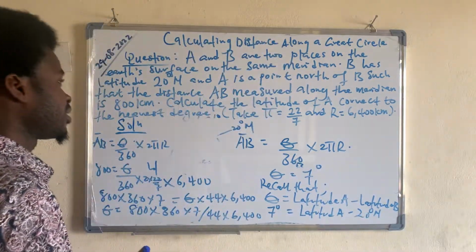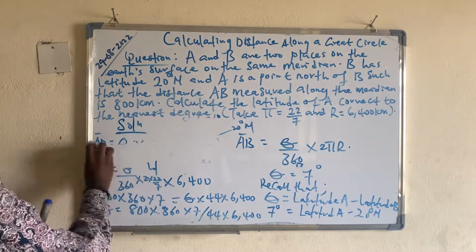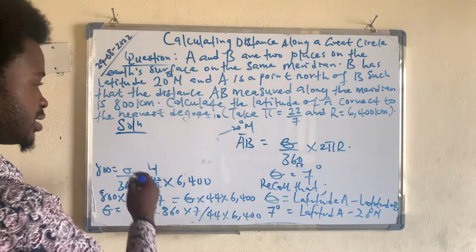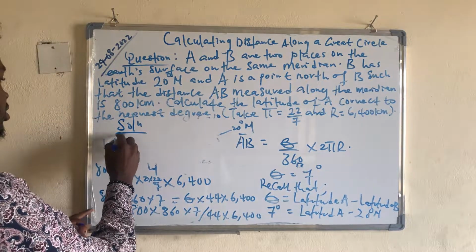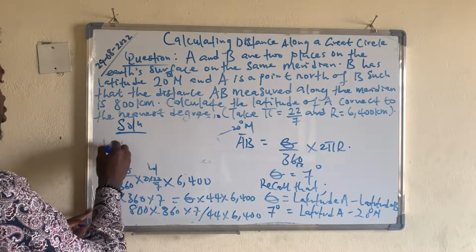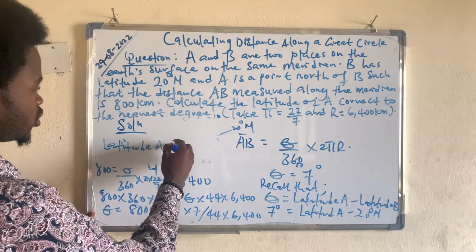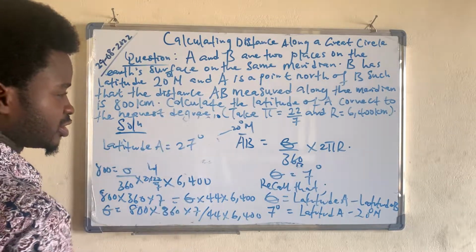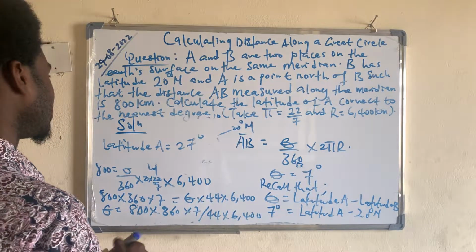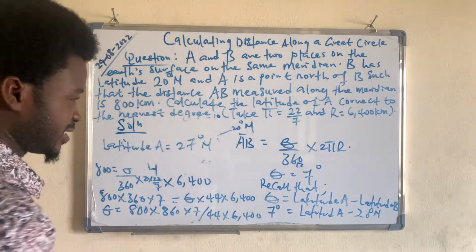So from here we can see that latitude A is equal to 27 degrees, so it has to be 27 degrees north as well.